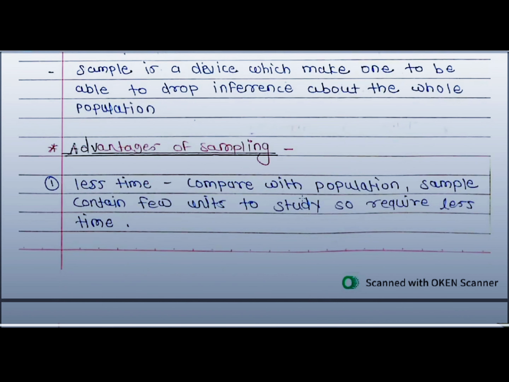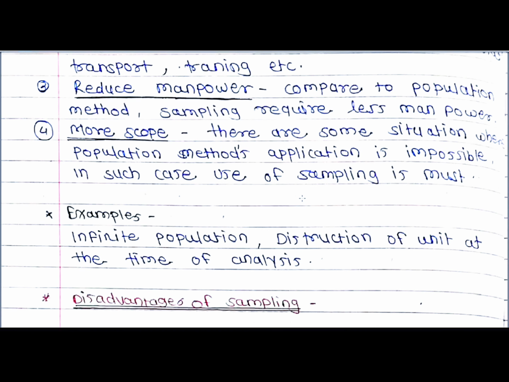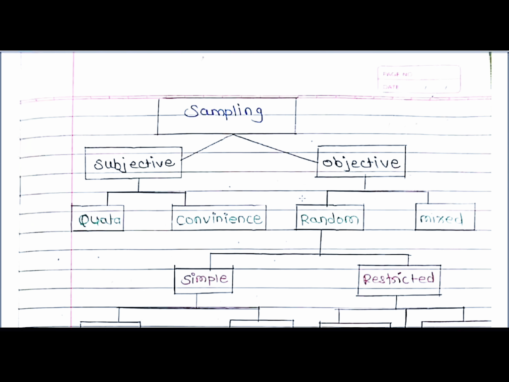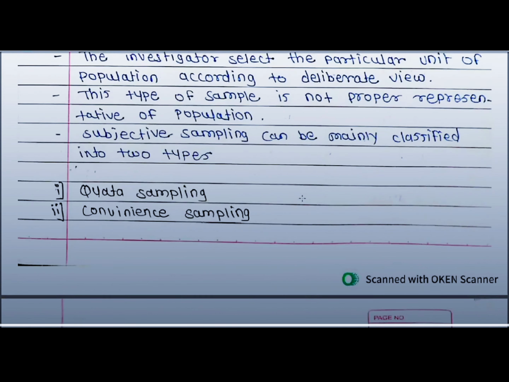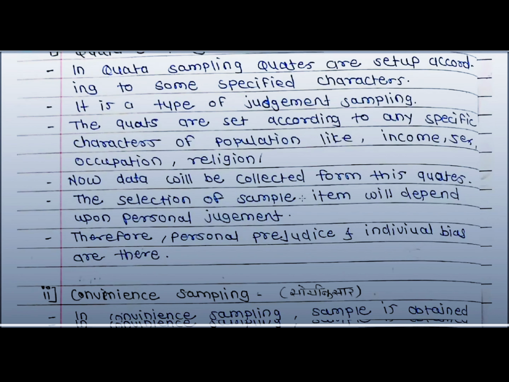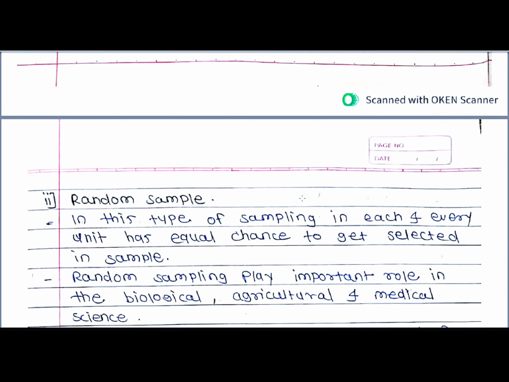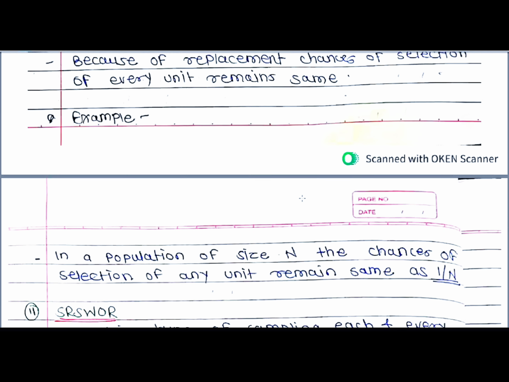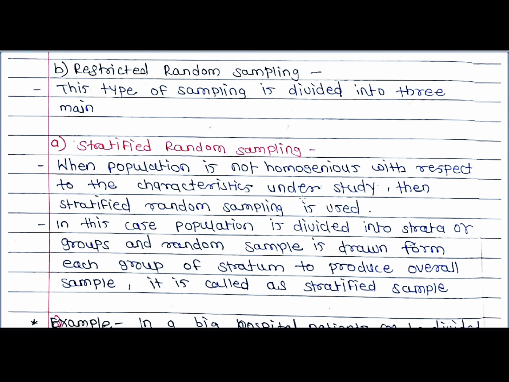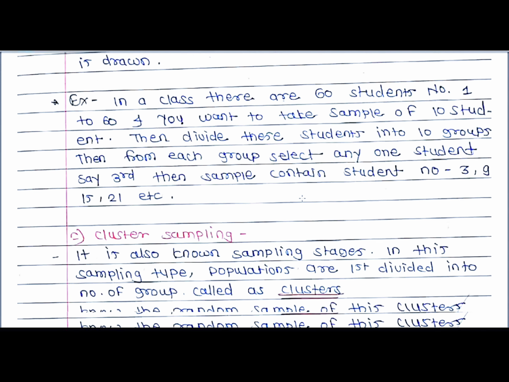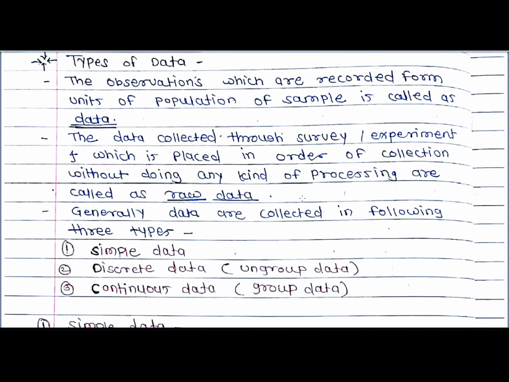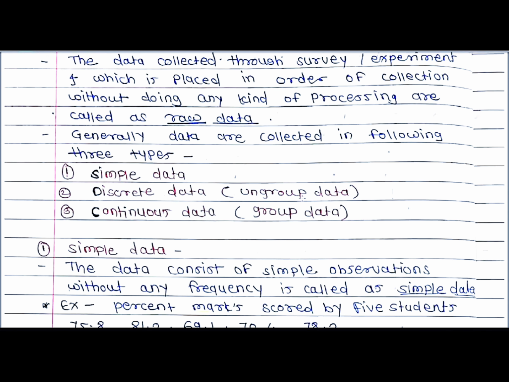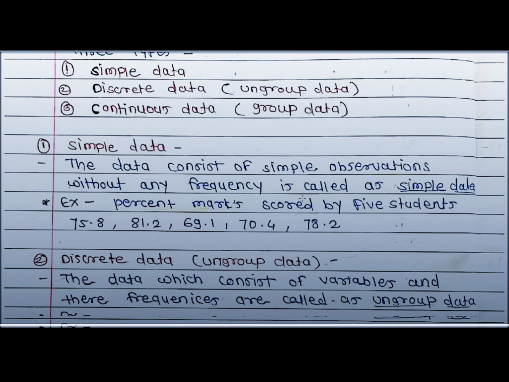Okay, so I just want to quickly go through the previous lecture's points. We talked about sampling methods, then types of sampling, then we discussed types of data. In that, three different types of data we discussed: simple data, ungrouped data, and grouped data, also called discrete data and continuous data.